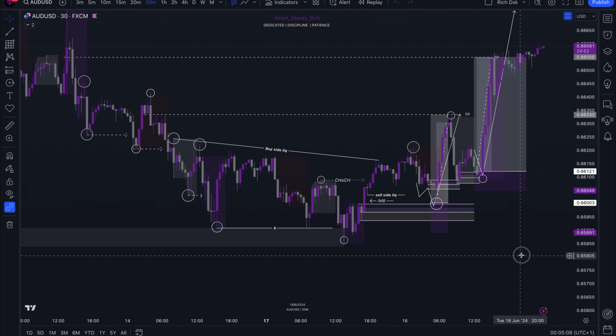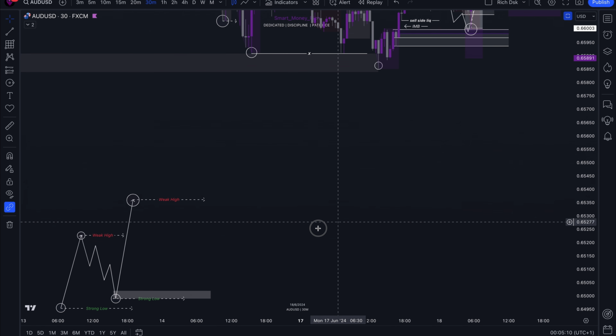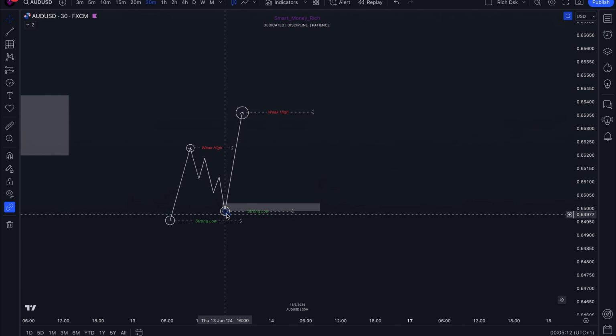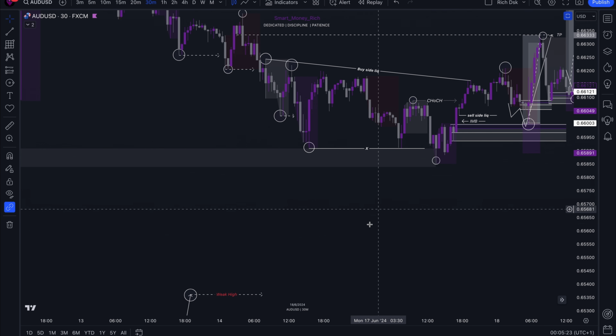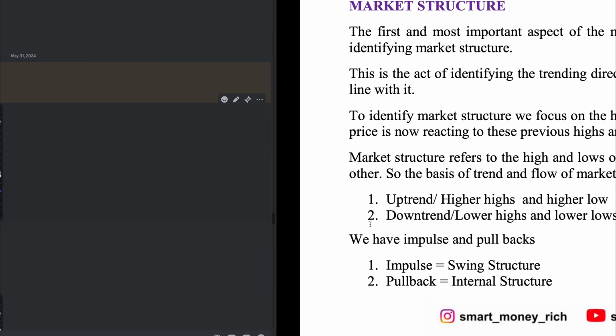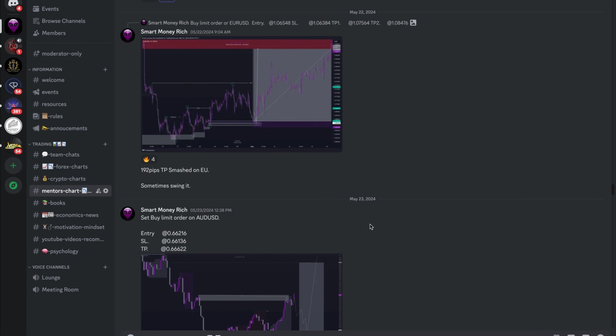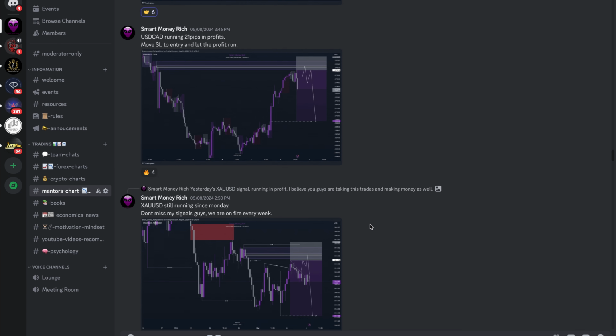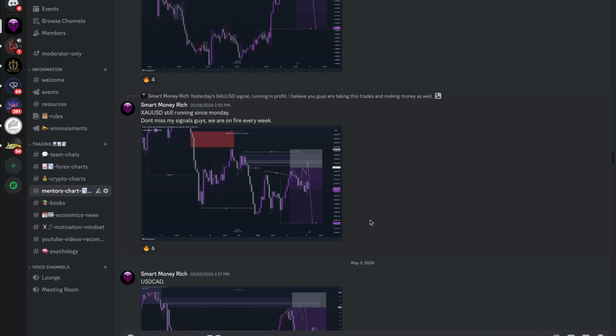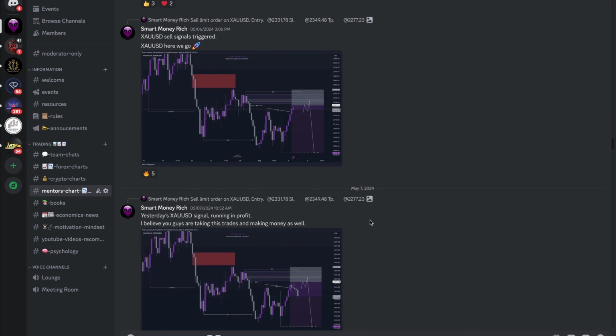Market structure simply means this low, this high, this high, this low, and how price is reacting to this high and this low is very, very important in every concept, right? You need to understand this. It's something you really need to understand, guys.